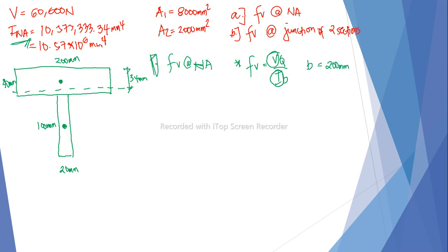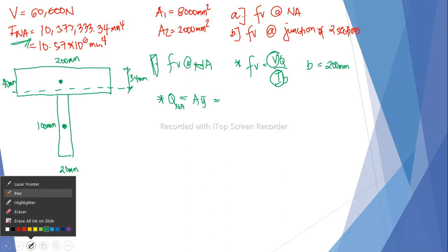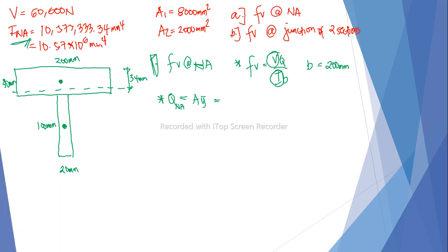What else? What we just need to solve here is Q. Q at the neutral axis is equal to area times Y bar. Which area will we use? At the neutral axis, we use the area above the neutral axis, this one.